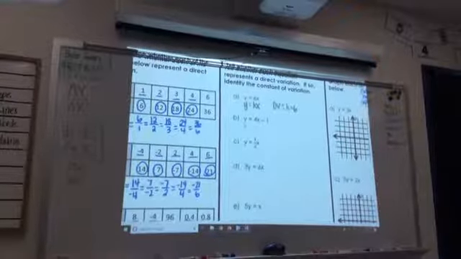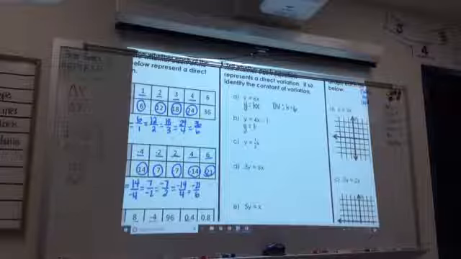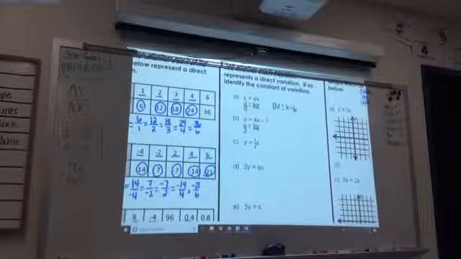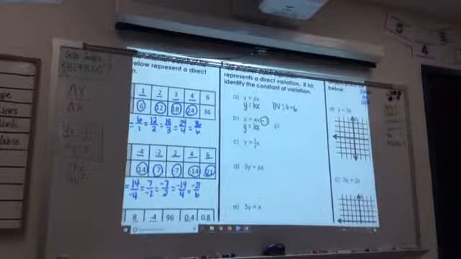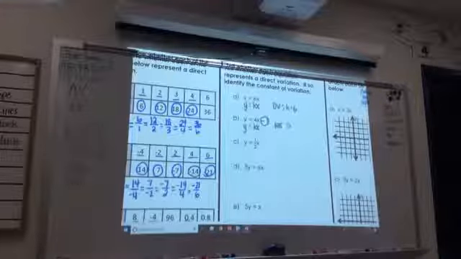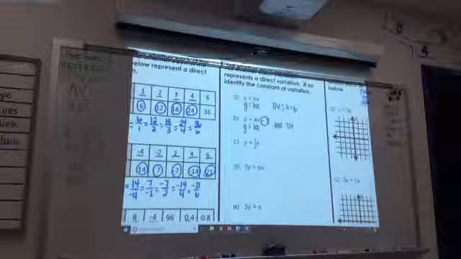Next problem. If we go y equals kx, does it fit that format? No, because it's got some extra. So guess what? This is not direct variation. It's really that simple. If it's got extra at the end and it's not a 0, like if they wrote plus 0, wouldn't that be the same thing as not having a 0 there?